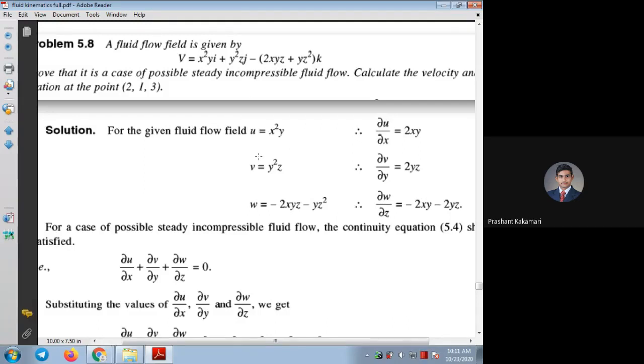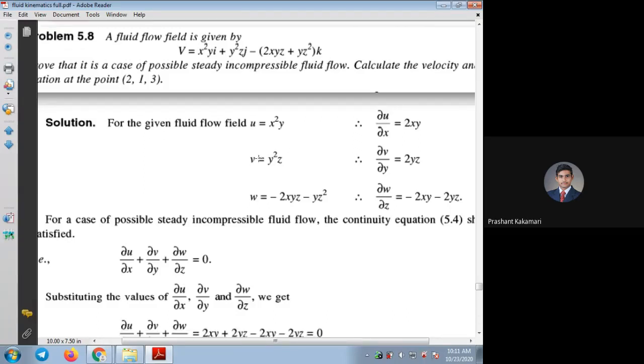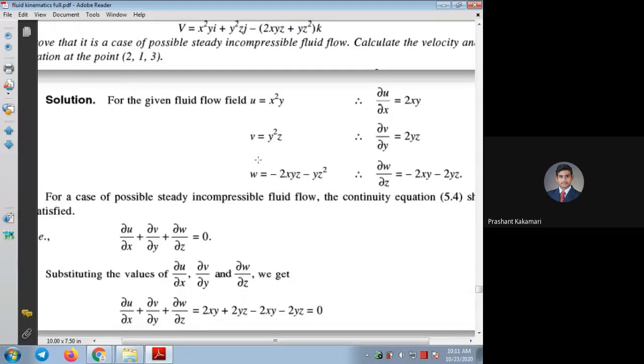After neglecting the density and time factor, we get this equation in 3 dimensions: dou u by dou x plus dou v by dou y plus dou w by dou z is 0. So once we substitute all these values, we are going to prove whether the continuity equation is applicable or not.